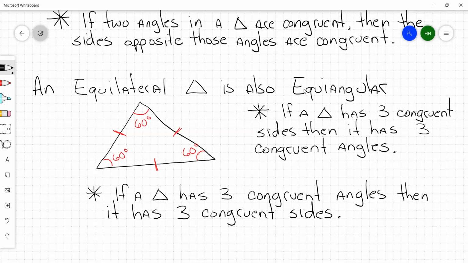Isn't that fascinating? I bet you woke up this morning hoping that in second block we would be talking about isosceles and equilateral triangles. Because when my alarm went off, that's the first thing I thought of was, oh, I love this day. Isosceles triangles and equilateral triangles. My breakfast tasted better because of it.